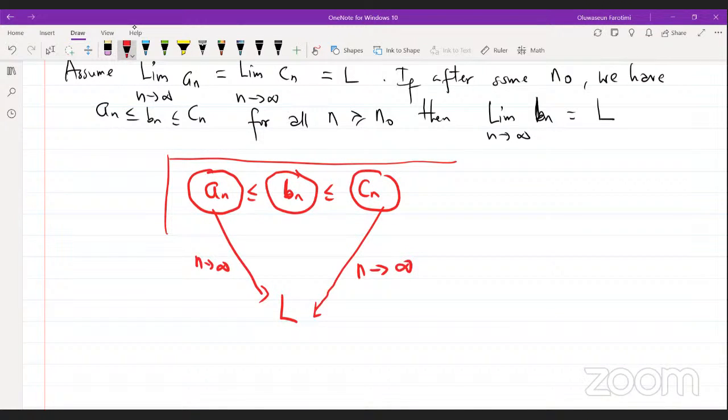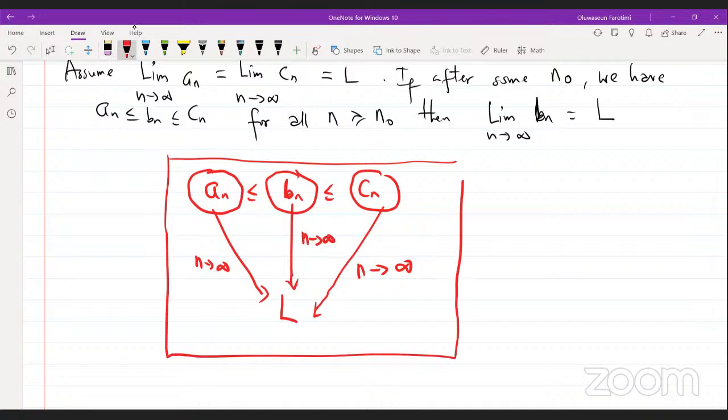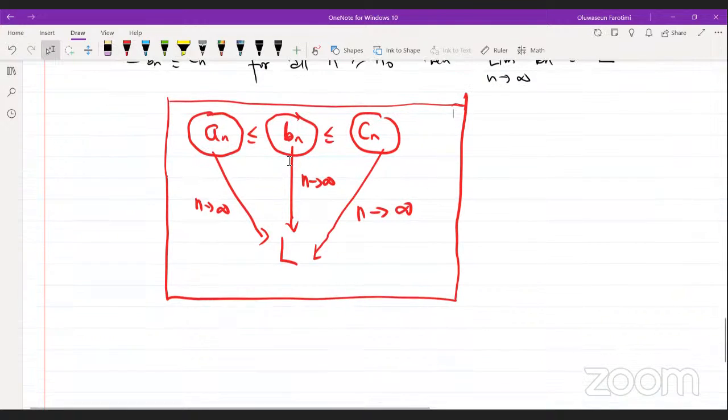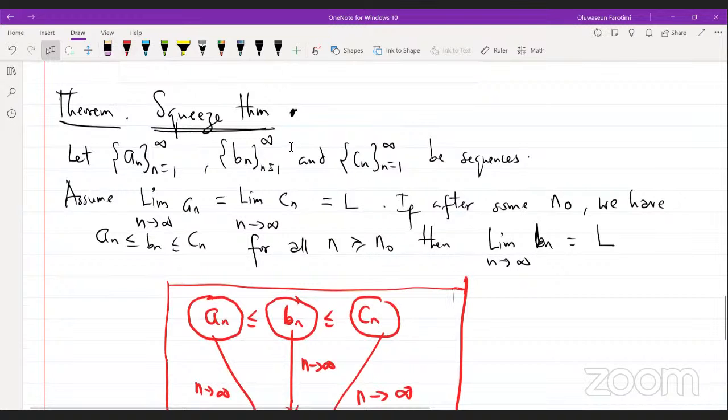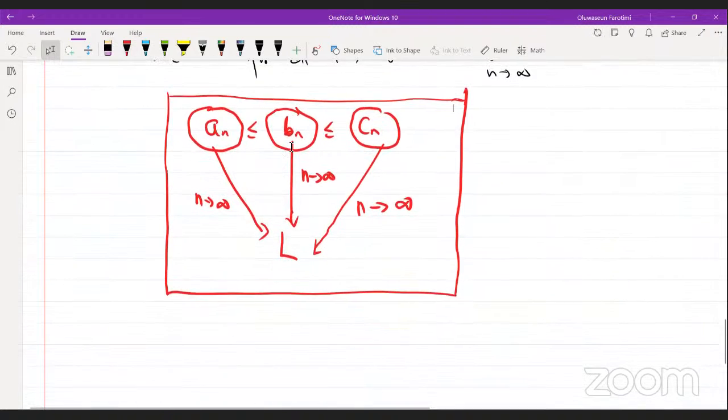By the sandwich theorem, this one must go to the same L as n goes large. It's a very powerful one, guys. If there's one theorem you must know after studying this class, it is the squeeze theorem. It's such a powerful theorem.